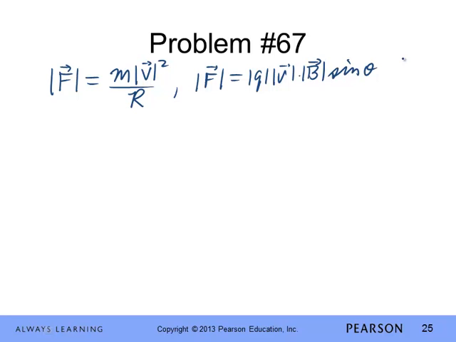So use those two equations to find the speed of our electron in problem 67.